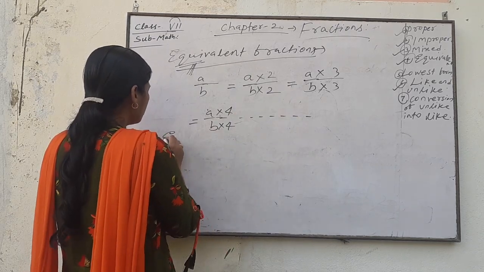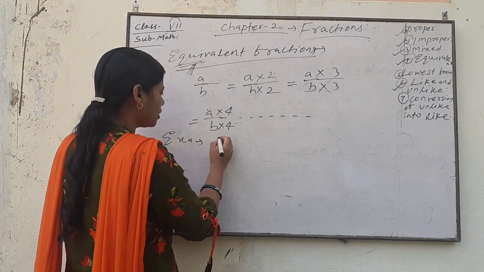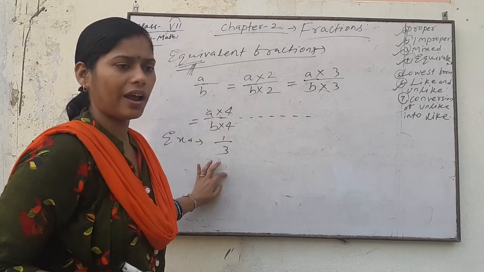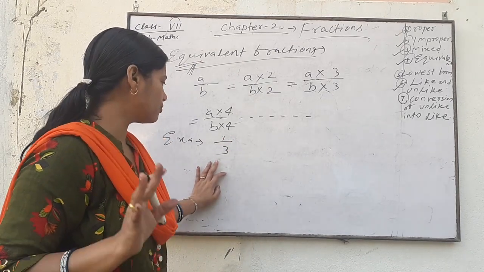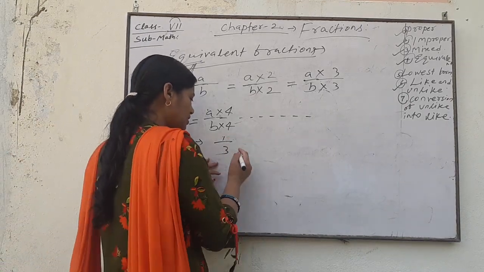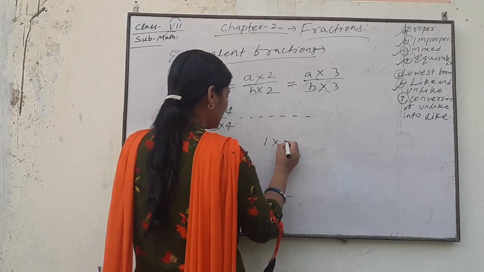Suppose that your number is 1 by 3. Now write 5 equivalent fractions of 1 by 3. So the fractions are: 1 multiplied 2.